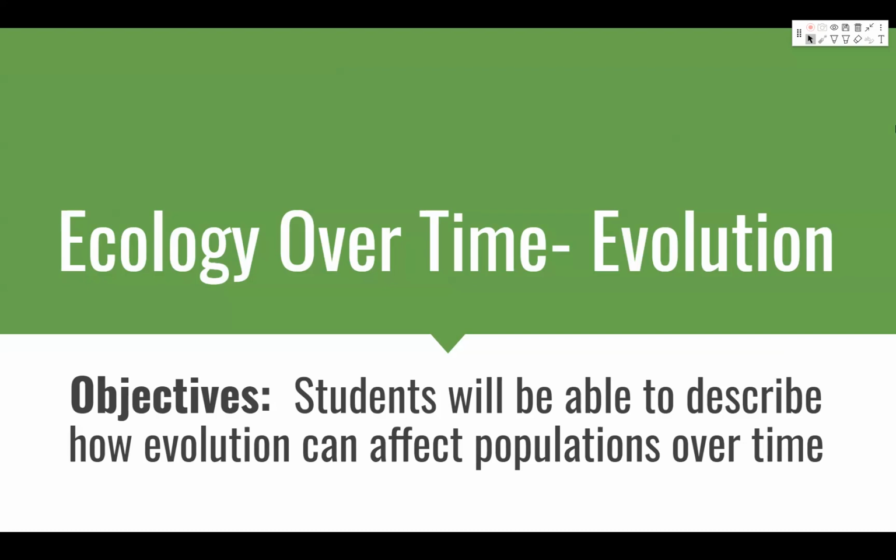Every single one of these things plays into that ecology bit. So my goal is for you to be able to use those ecological terms, populations, communities, and use this evolutionary terminology to talk about how those change over time.